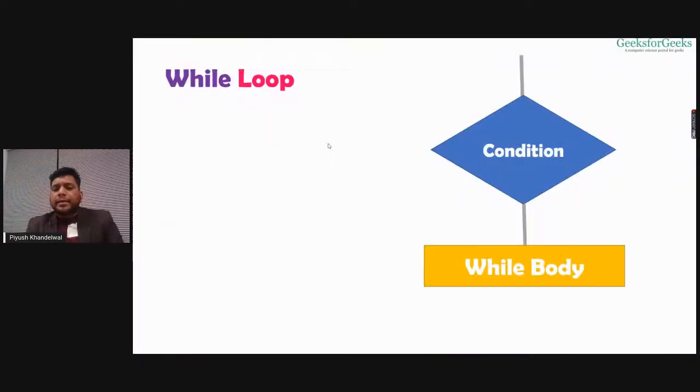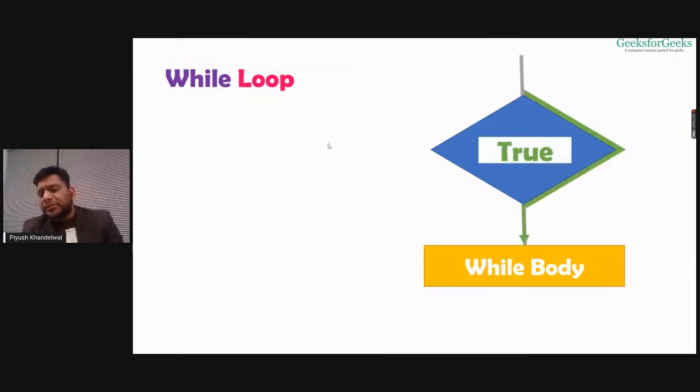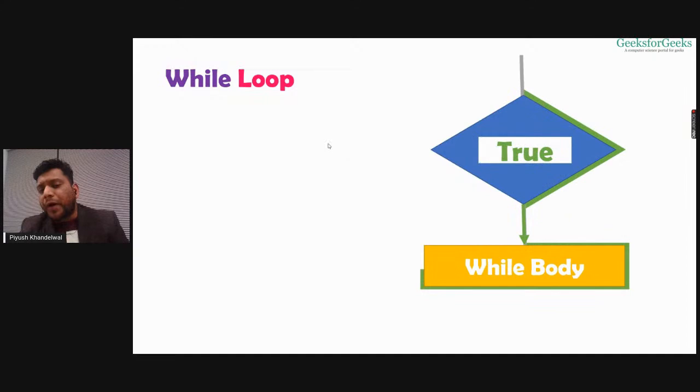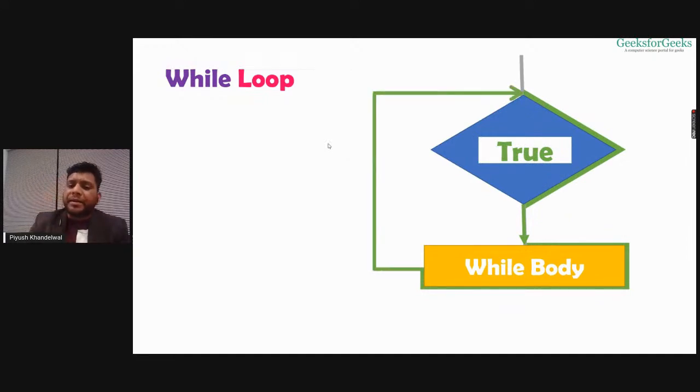So see, this while loop actually has a condition and a body, right? First of all, this condition is checked, and then the body of a loop is executed. Suppose this condition is true, then the body of while, that means the task to be repeated, will be executed. And again, the condition will be checked.